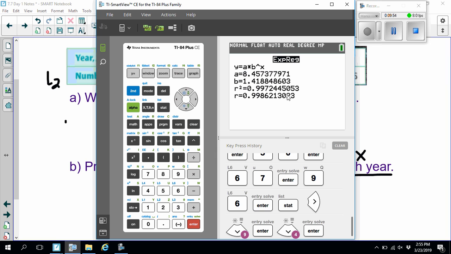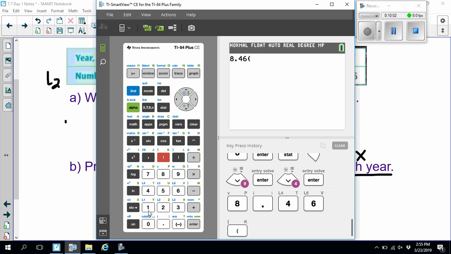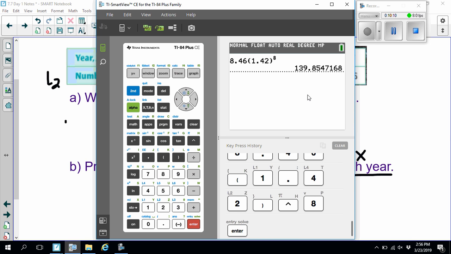So you can just go ahead, if you need to, you can clear this, okay, or just continue on. So we have 8.46 and then parentheses 1.42, and then make sure you use the caret key to the 8th power, press enter. Now, because we're talking about scooters, it might be more ideal that we talk about whole scooters, because it doesn't make sense to have a half scooter or a quarter scooter.